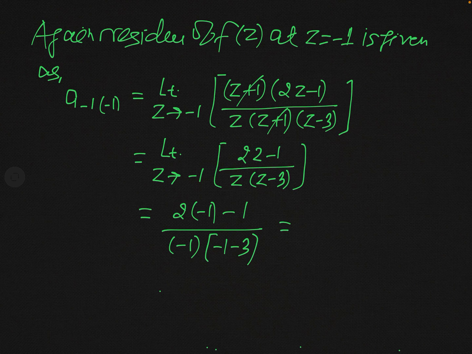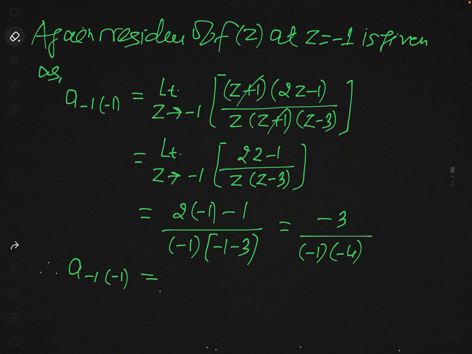You can see the numerator is -2 minus 1, so this will be -3, and the denominator is -1 into -4, which is 4. Therefore, the residue of this function at the point z equal to -1 is equal to -3/4.